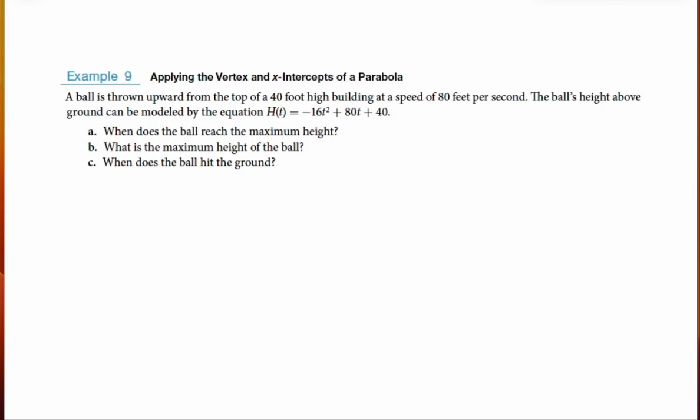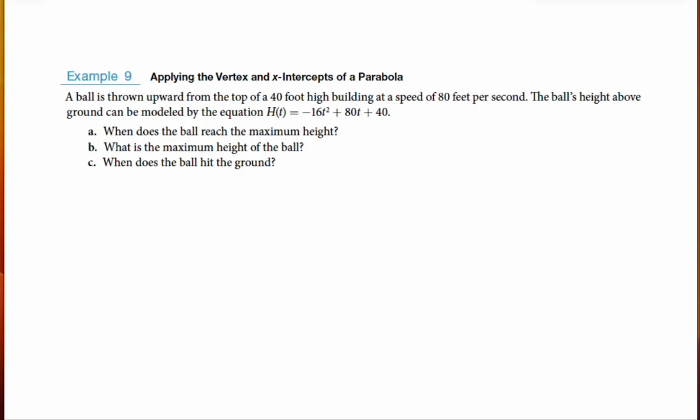Even just your motion, if you drop something off, because of the way that physics works, you get parabolas quite a bit. Okay, so we have this ball thrown upward off of the top of a 40-foot building at 80 feet per second. So you see how here we get the 40 and the 80, and this has to do with the speed, the acceleration of gravity.